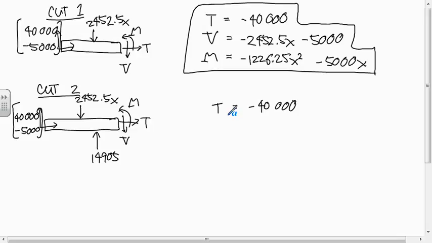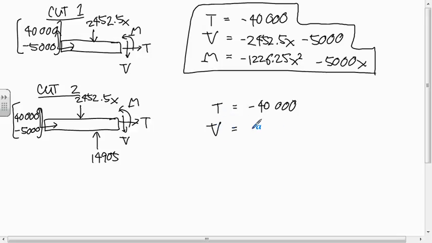So the place where the normal stress due to tension and the normal stress due to bending are going to be in the same place is when you have a compressive stress due to the bending, okay? Because you have compression here due to the axial force.